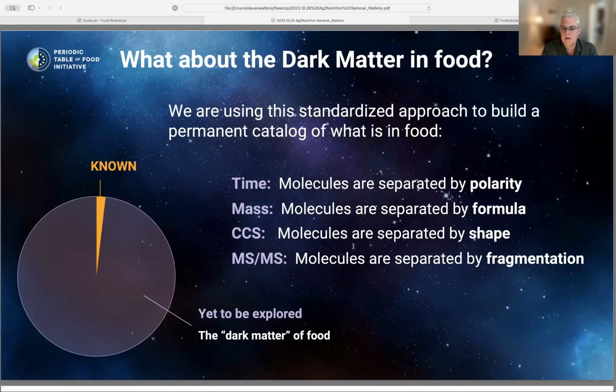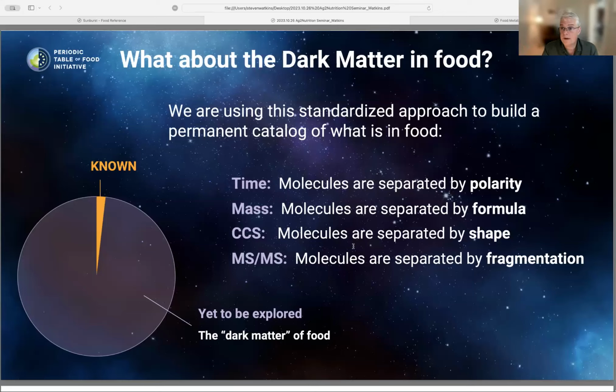And we also run all of the reference foods or the inspirational foods through a process called ion mobility spectroscopy, which for every signal we see in the study, it basically gives us a shape of the molecule. So we can tell isomeric compounds apart. Where do we see L isomers? Where do we see R isomers in food?